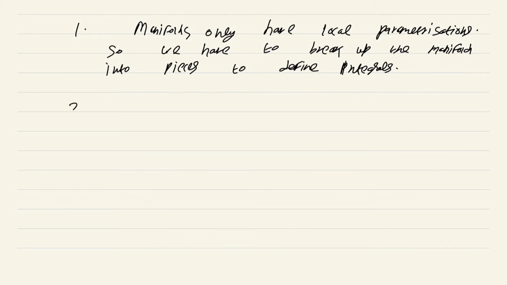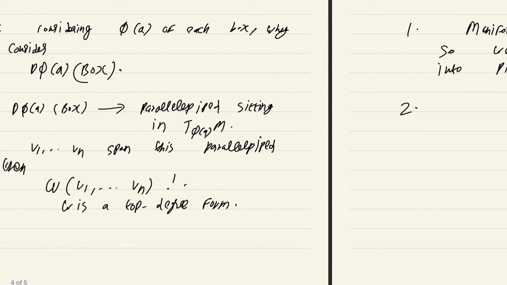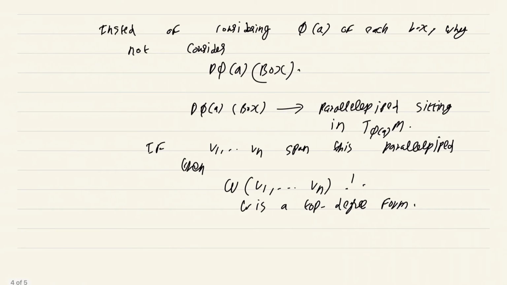Second is a more subtle issue. The way I have defined it, if V1 to Vn spans this parallelepiped, then omega of V1 to Vn will give you a number. Well, not quite. I mean, it does give a number, but if V1 to Vn spans this parallelepiped, so does V2, V1, ..., Vn. Let me just interchange two of them.